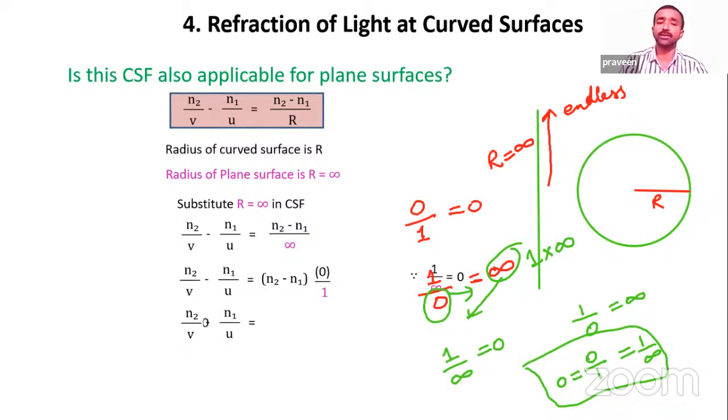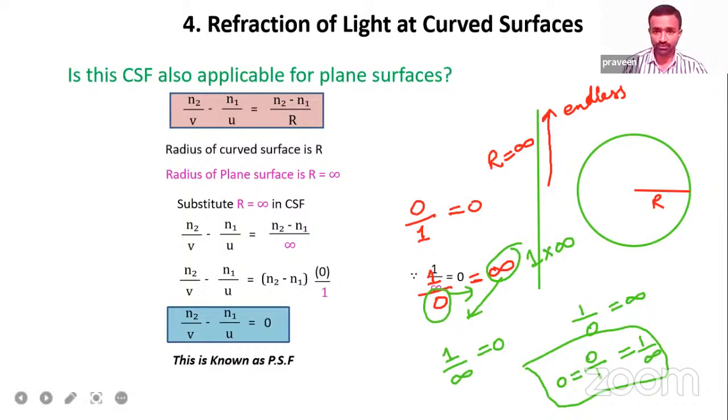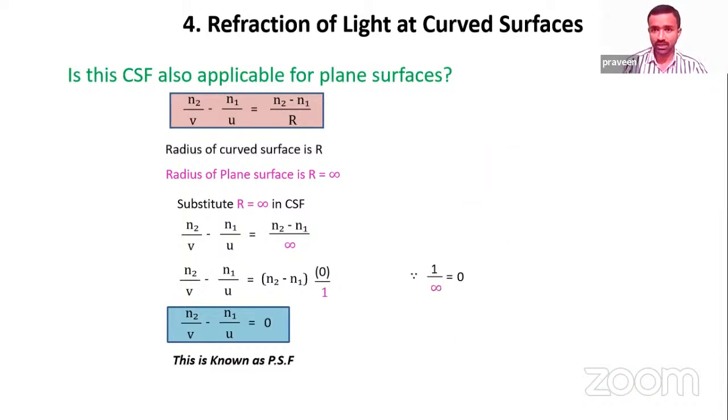So n2 by v minus n1 by u is equal to 0 is the relation. This formula is known as the plane surface formula. Maybe it is clear to everyone. Then let us move to another topic of this lesson.